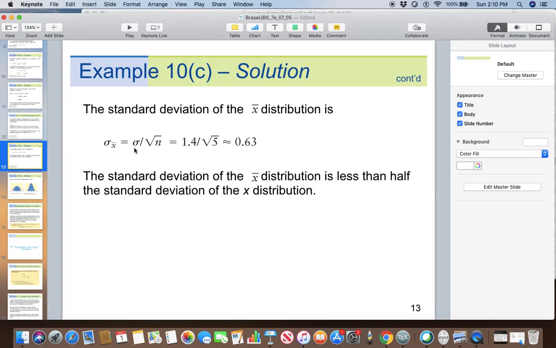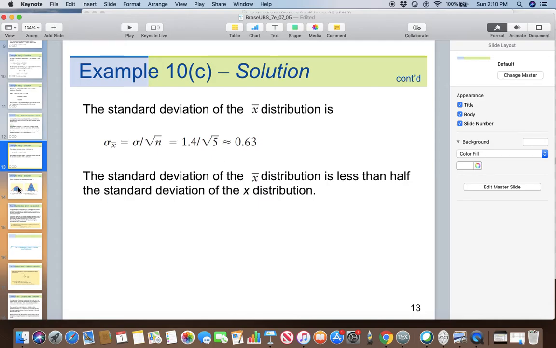You take the original one and divide by square root 5. Square root 5 is a number that's 2 point something. Now the same 1.4, if I divide by 2 point something, my standard deviation is going to be even smaller.